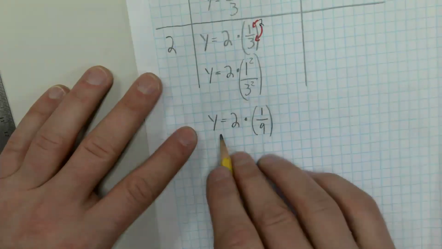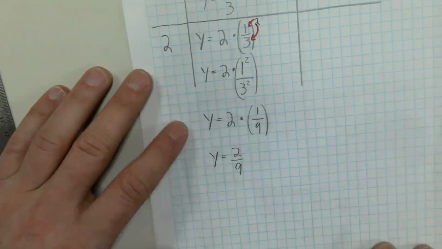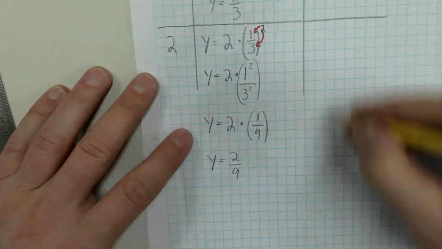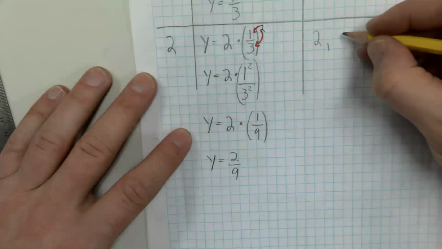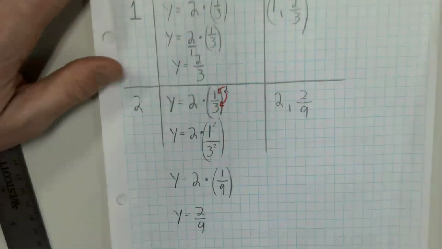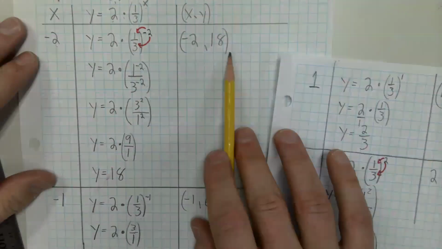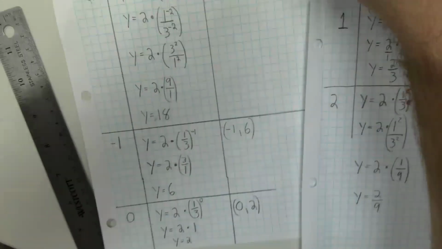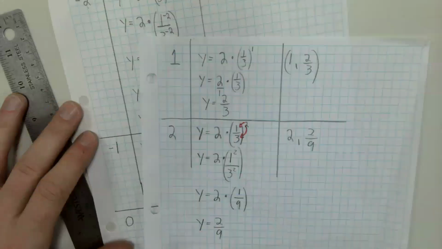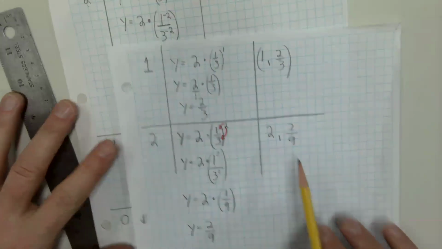And this, again, let's just multiply across. This becomes y equals 2 over 9. So my point is 2 comma 2 over 9. Okay, so now let's look at all of our points that we have to plot. We've got -2, 18, we've got -1, 6. We've got 0 comma 2, 1 comma 2 over 3, and 2 comma 2 over 9.